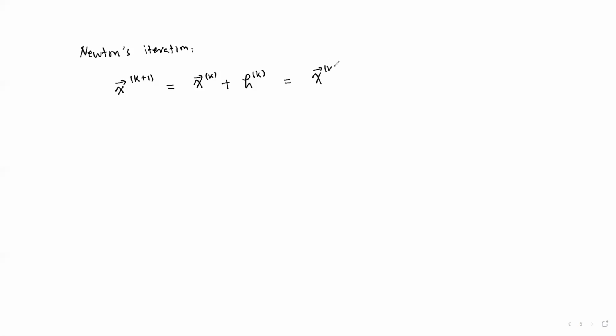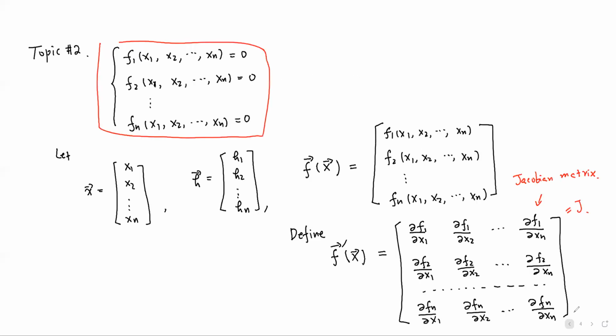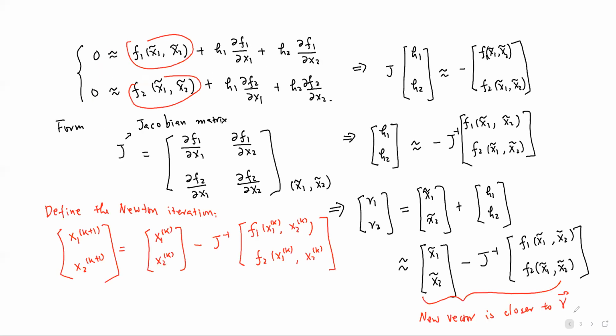Very similar to the two variable case, xk plus 1 is xk minus the Jacobian inverse times this vector.